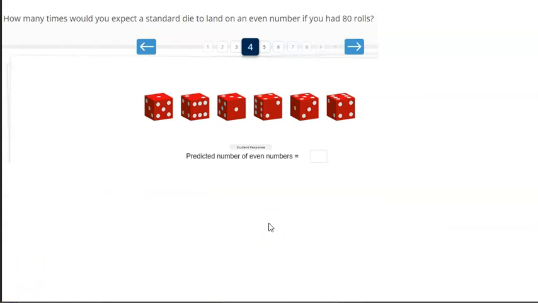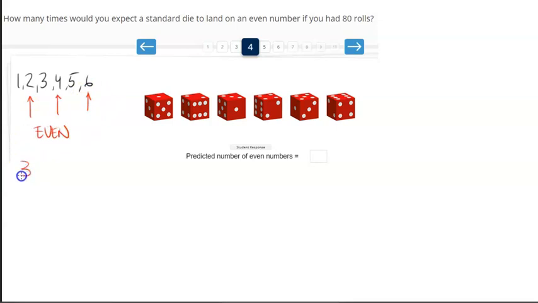Question 4, how many times would you expect a standard die to land on an even number if you had 80 rolls? So we want to know what's the likelihood of rolling an even number. If a standard die has 1, 2, 3, 4, 5, and 6, there are 6 numbers all up. And of these 6 numbers, 3 of them, 2, 4, and 6, are considered even.